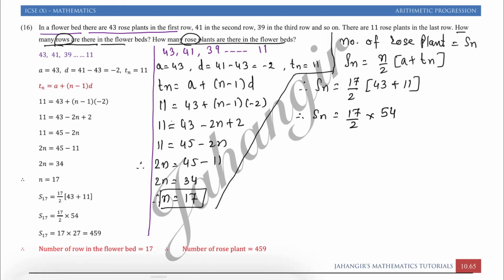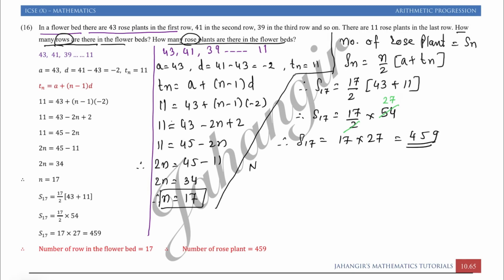Just cancel out. 2 ones are 2, 27. So instead of Sn we can write S17. Therefore S17 is equal to 17 into 27, that is equal to 459.